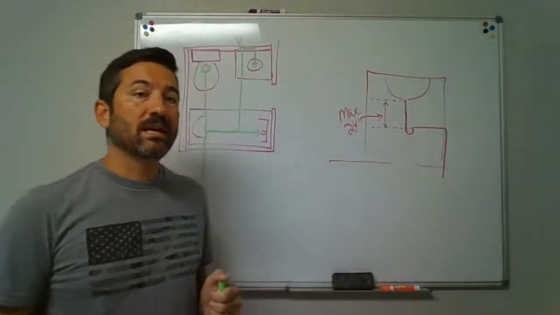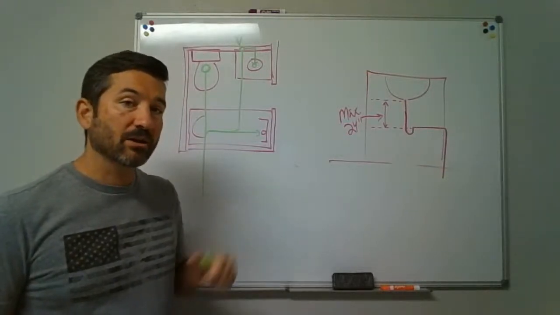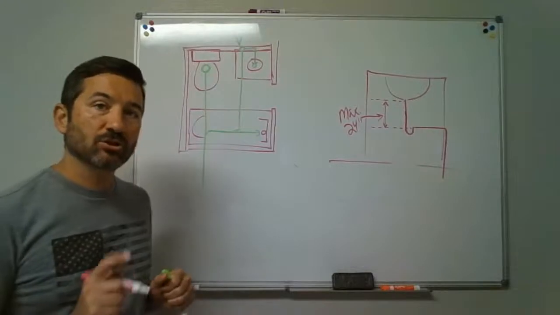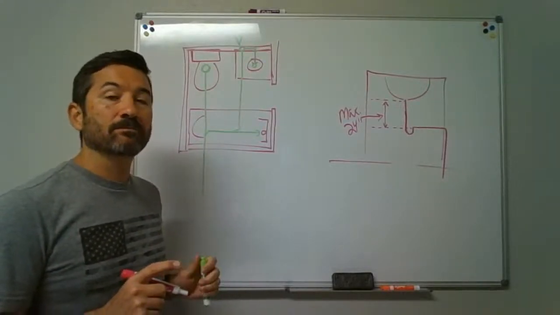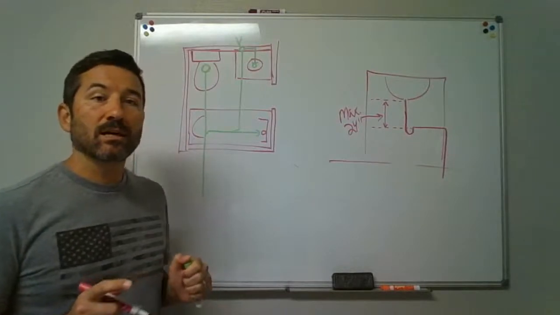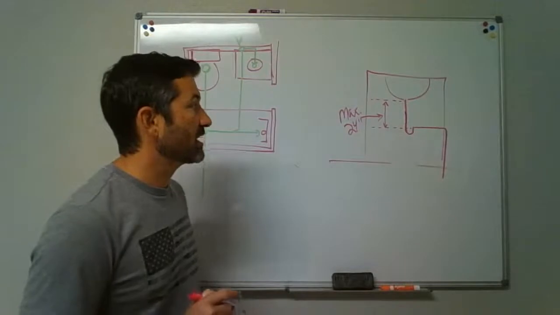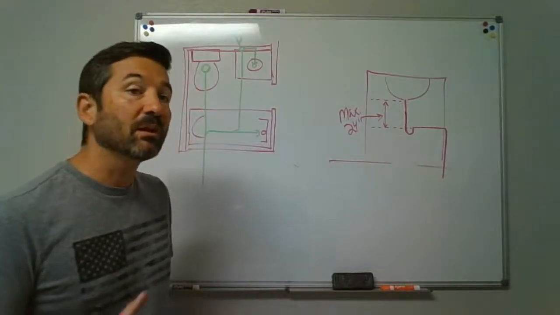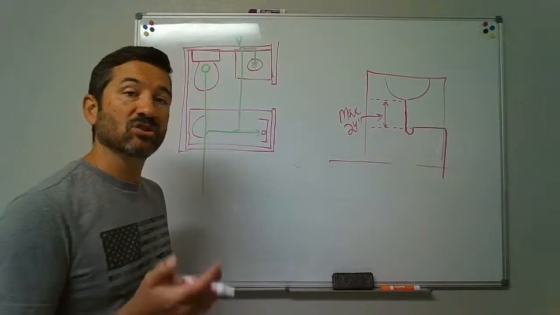Well, no, we can't, because the maximum fall, the maximum amount of drop between the trap and its vent, is no more than the pipe diameter. So let's just say that was a lavatory sink. If we minimum sized it, according to 709.1, it's 1.25 inches.